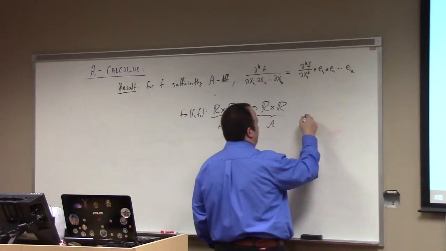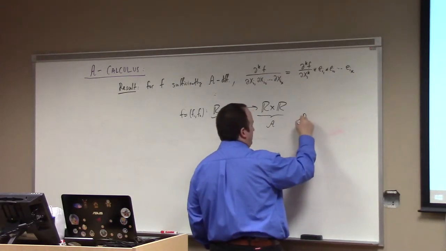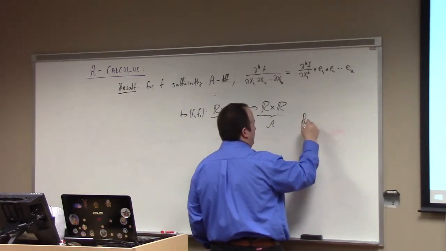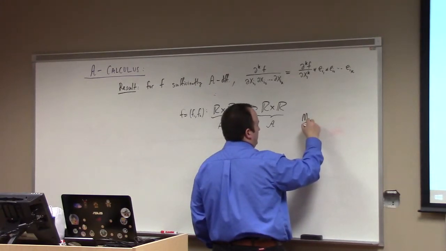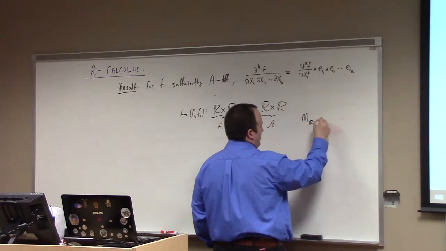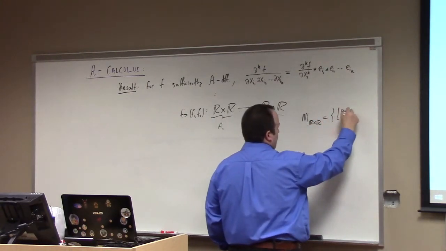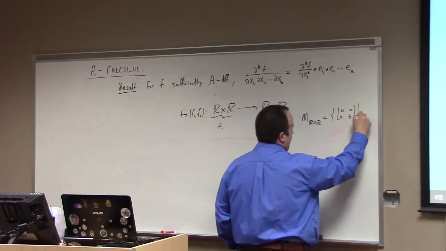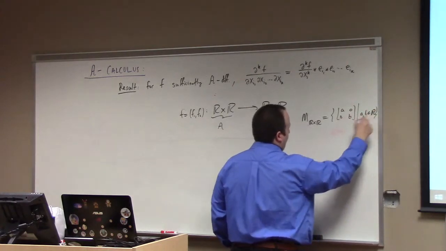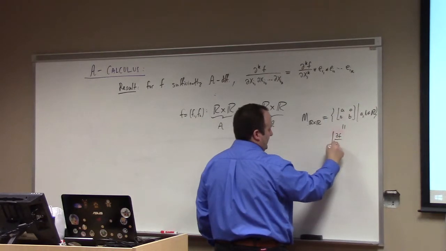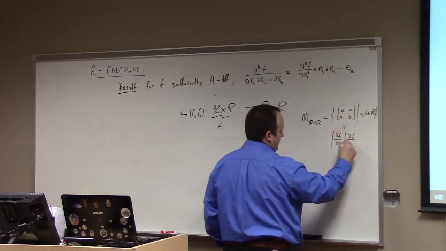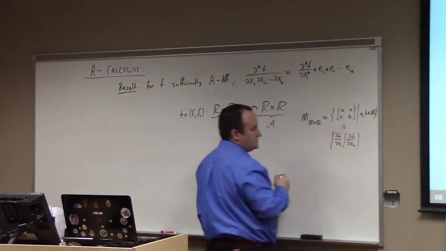Right, because we learned that the regular representation of A, well, the matrix representation of R cross R, what did it look like? A, 0, 0, B, right? So if this is equal to partial f, partial x1, partial f, partial x2, right? What's that say?